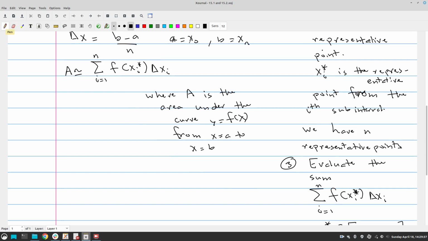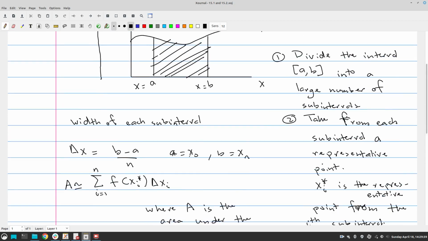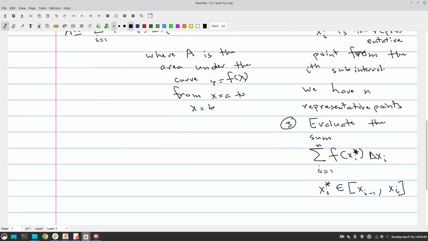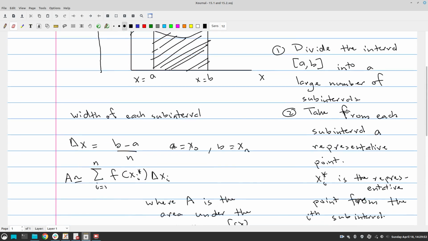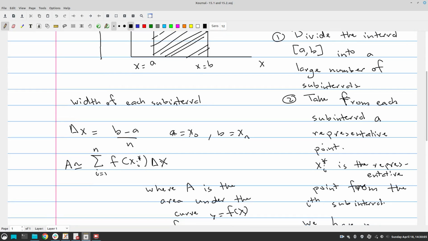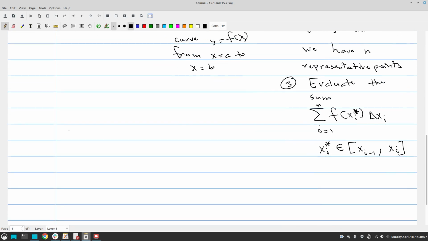Now, first of all, why is this an area? Okay, it should be delta x, not delta xi, because the intervals are all the same. So why does this give you an area? Let's look at the curve again, with the axes.